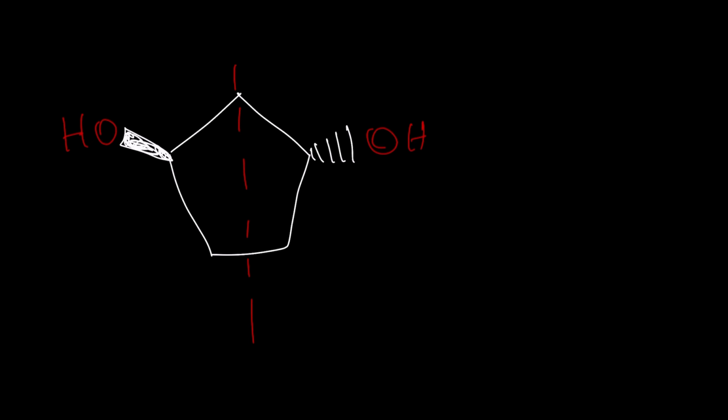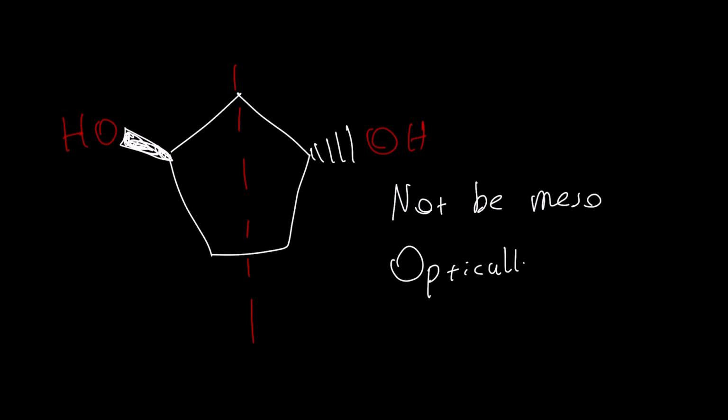However, this one's on a dash and this one's on a wedge. This one's coming out of the page, this one's going into the page. So therefore, these would not be symmetrical, and they would not be meso compounds. So these are going to be optically active.